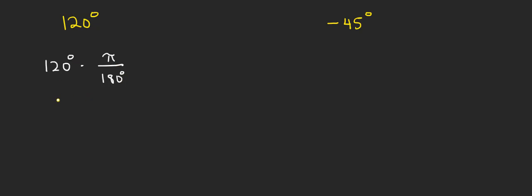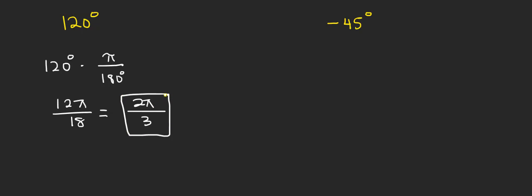Then you get 120 pi over 180, and you can still reduce. That becomes 2 pi over 3. So 120 degrees is the same thing as 2 pi over 3 radians. Now, if it's in radians, you don't need to write radian.